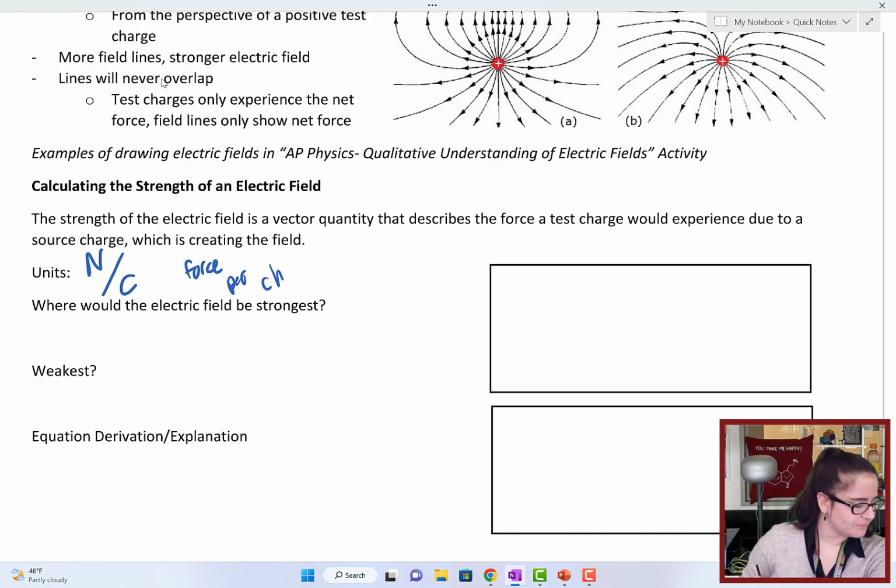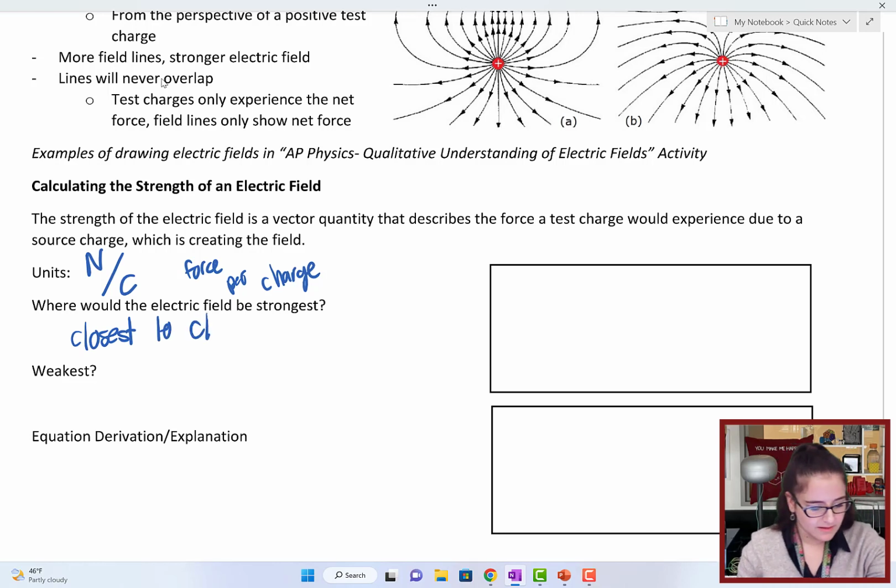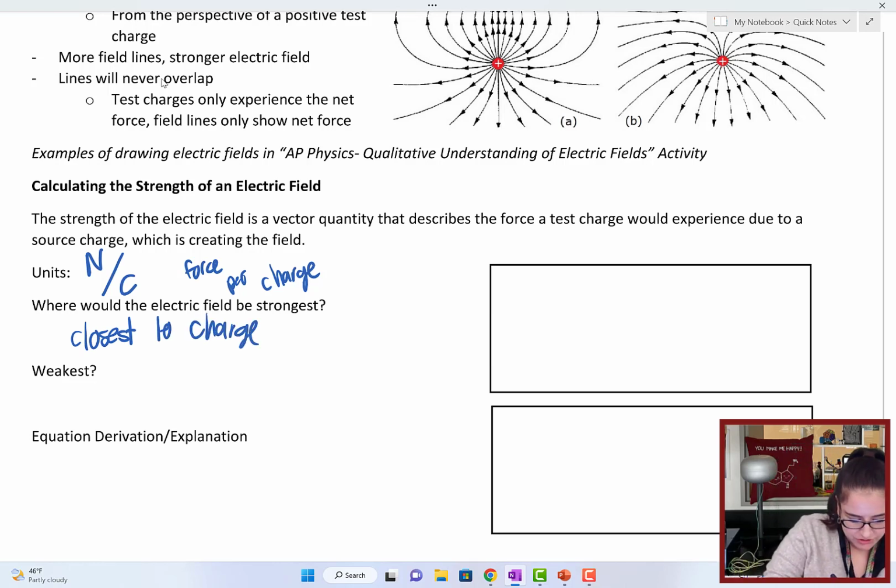So we know the electric field is going to be the strongest closest to the charge, and it will be the weakest farther from the charge.